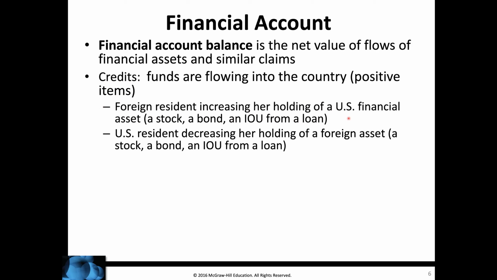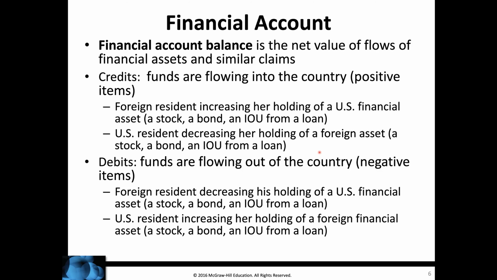So money is flowing into the US from a foreign resident, or a US resident could decrease her holding of a foreign asset, a stock, a bond, an IOU from a loan. So we could have somebody here in the US that owns a foreign asset and decides to sell it and repatriate those funds. So those are funds flowing into the country. On the other side, we have got debits, and this is funds flowing out of the country.